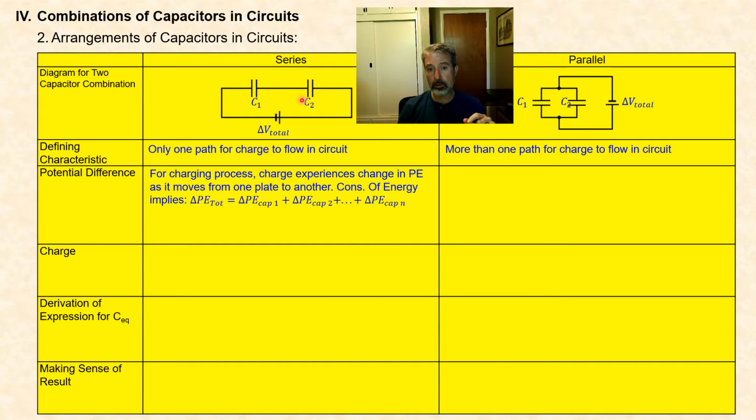Likewise, when those electrons have collected on capacitor 2, the same number of electrons leave the right-hand plate of capacitor 2, so that once again this capacitor becomes equal and oppositely charged. Once again, that represents a change in potential energy across capacitor 2. And that change in potential energy, according to the law of conservation of energy, energy is not created or destroyed.